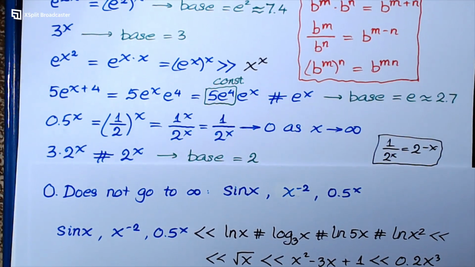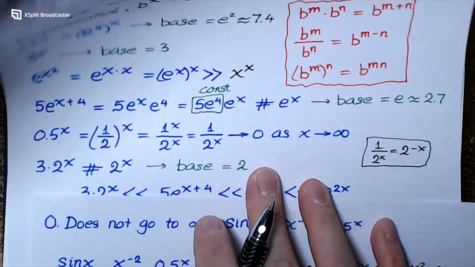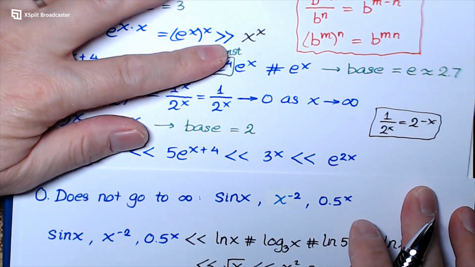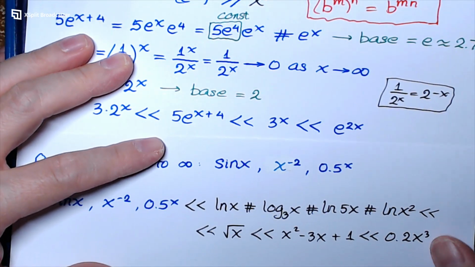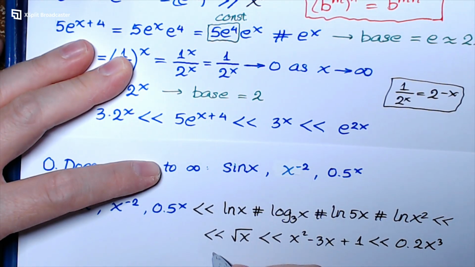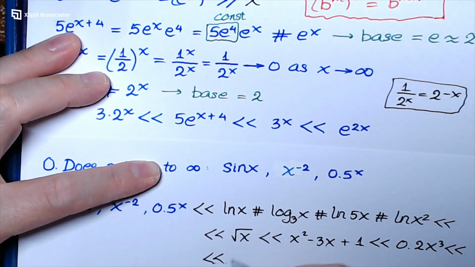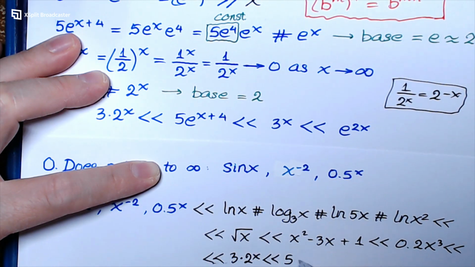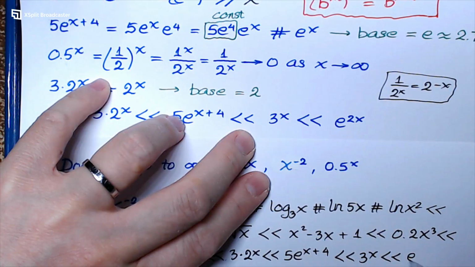And then for exponential, we keep increasing, and now we have 3 times 2 to the x, e to the x plus 4, 3 to the x, and e to the 2x.